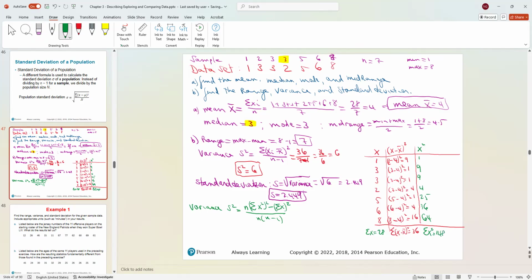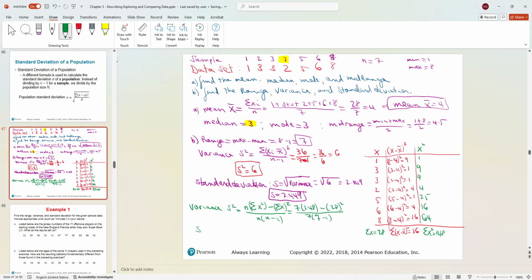So if we use this formula, n is 7 times the sum of x squared, 148, minus 28 squared, over 7 times 7 minus 1.